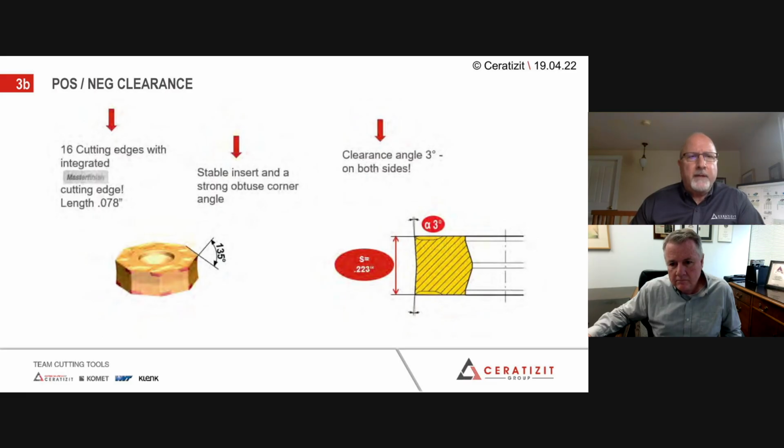We have built in a clearance angle on all the edges to the center line of the clearance face. This allows us to have the same robust configuration in the pocket, but to tilt the insert less negatively than other designs. Less negative means more positive. More positive means softer cutting.